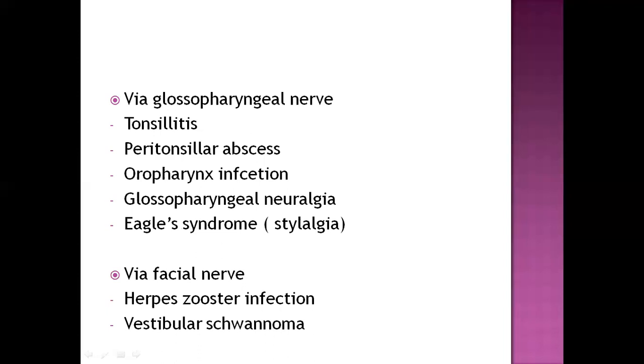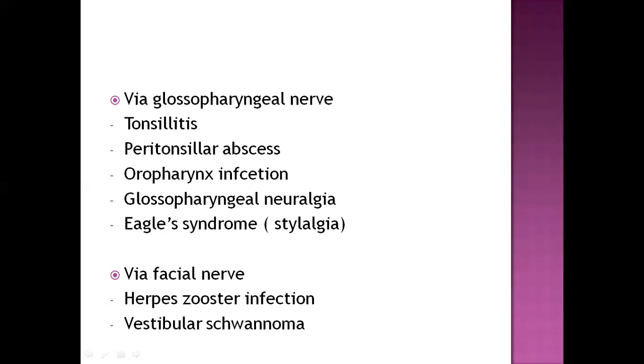Next nerve is the facial nerve. Herpes zoster infection can be the first infection. And then schwannoma. In vestibular schwannoma, the vestibule is the inner ear part. In vestibular schwannoma, there is abnormality in the base part, the vestibule part.